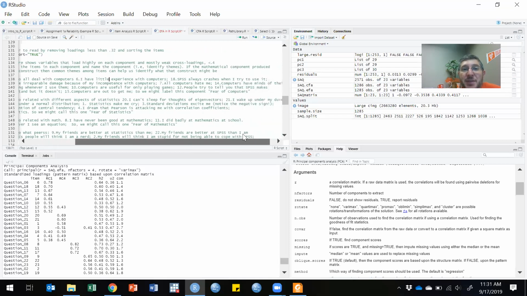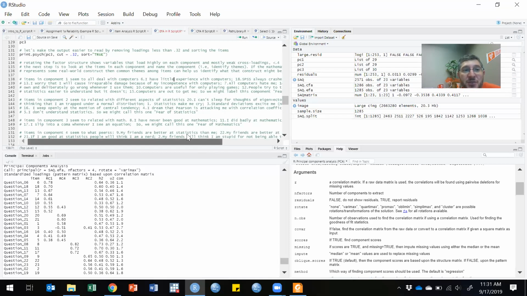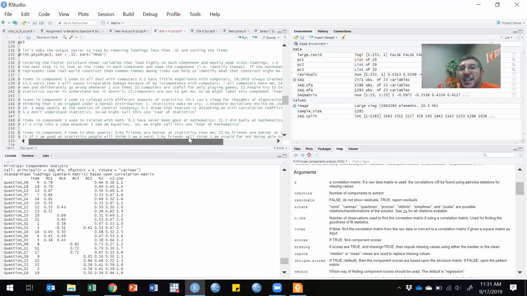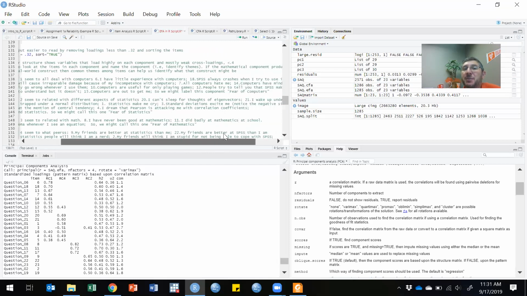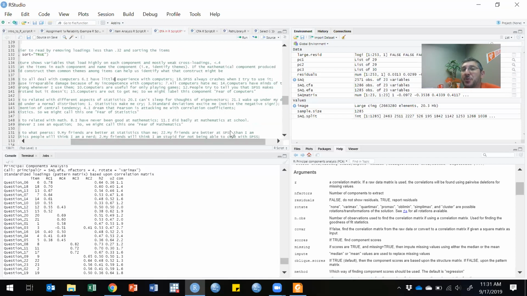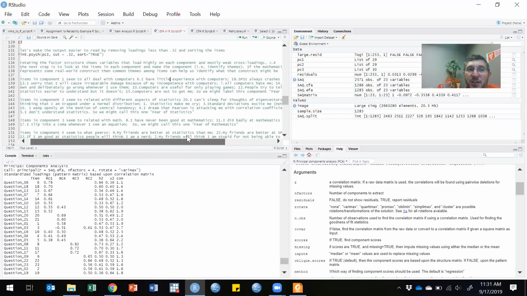All computers hate me. Computers have minds of their own. Computers are only useful for playing games. Computers are out to get me. They all kind of deal with computers. We might label this component, quote unquote, fear of computers.